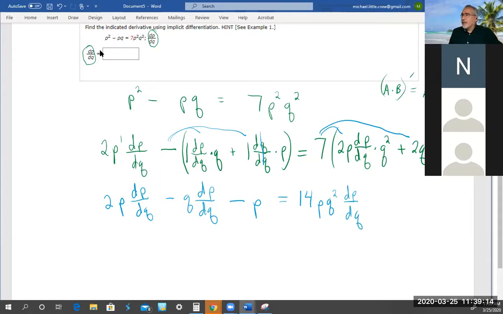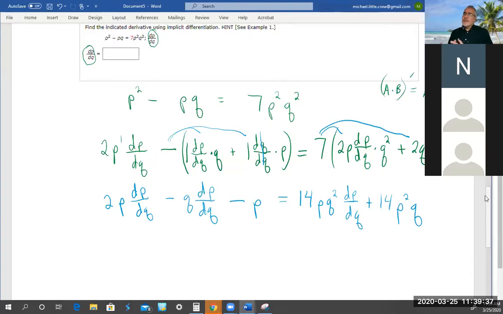Bring the 7 over here, so there's going to be a plus 14 here. We'll bring the variables all together, so that's going to be p squared q, and then this was dq/dq, that's just 1, so we're not going to write it anymore.